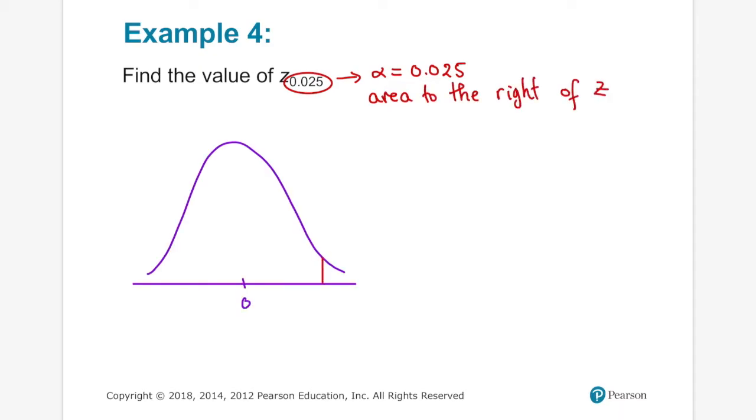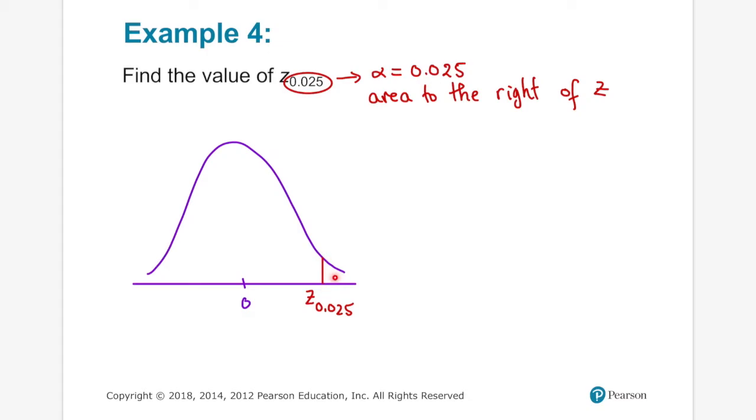Example 4. Find the value of z of 0.025. So 0.025 is my alpha, which is the area on the right of z. So this is z of 0.025.